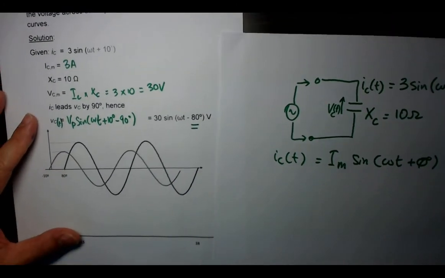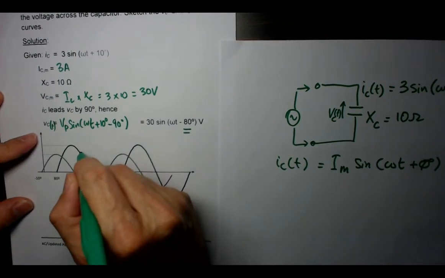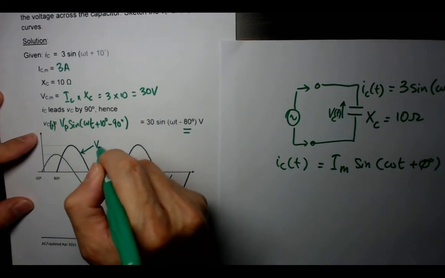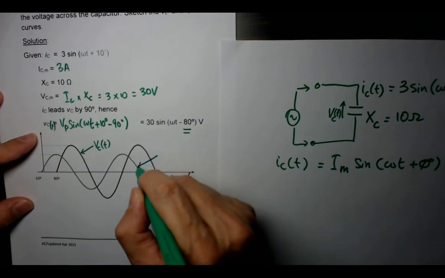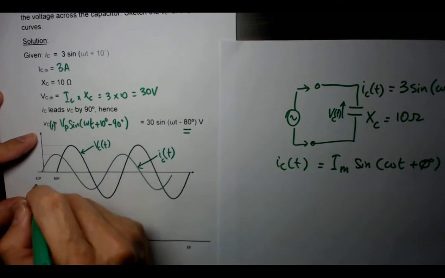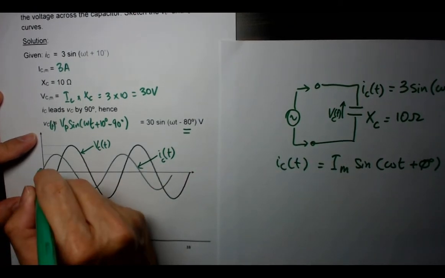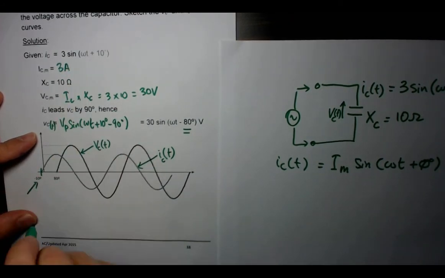Now, if I finish drawing the sinusoidal waveforms, this will be the voltage across the capacitor. This will be the current through the capacitor. The current is ahead by how much? Current is plus 10 degrees, here it is minus 10 degrees.